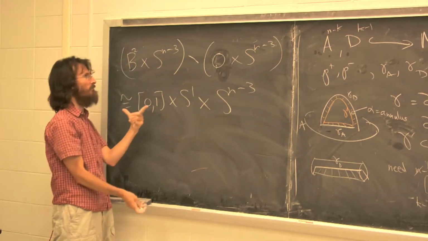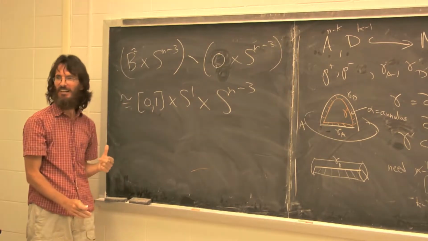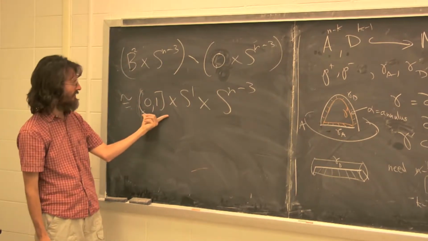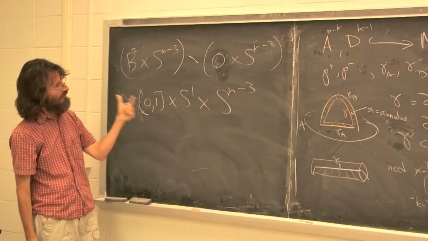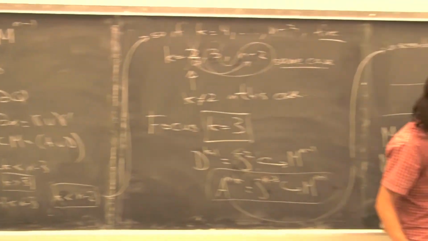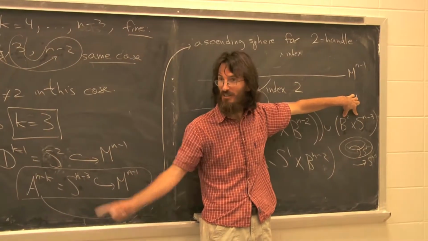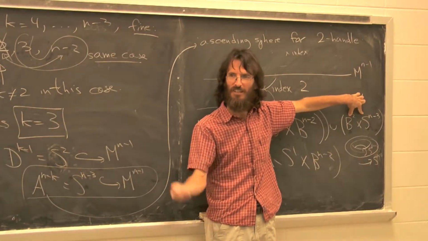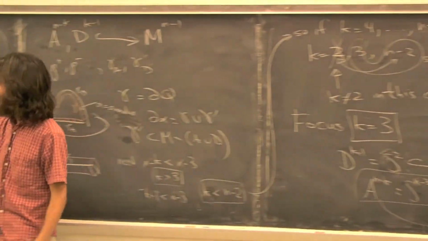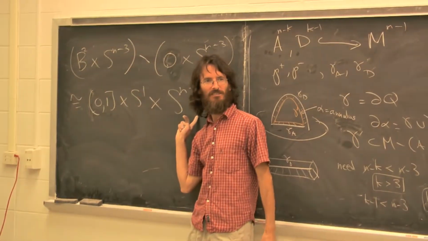Okay? And so, I mean, open, closed, very precise, right? So then, if you glue in B2 cross S^(n-3) along an S1 cross S^(n-3) and then remove the core, all you're doing is gluing a collar neighborhood on the boundary.